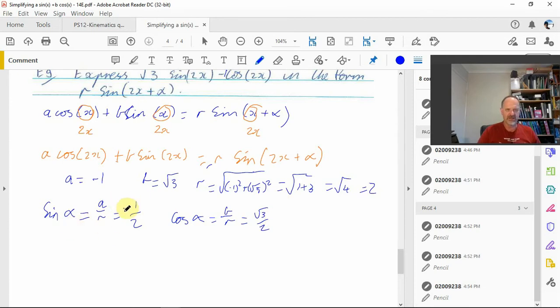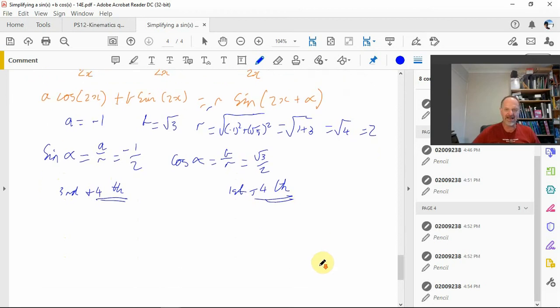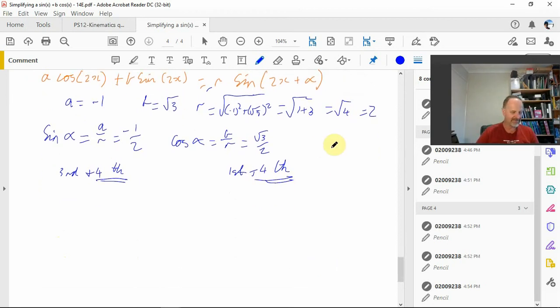All right, so negative for sine, third and fourth quadrants. Cos is positive in the first and fourth. So the common quadrant is the fourth quadrant. So our angle that we are looking at is down here, this one here in the fourth quadrant.